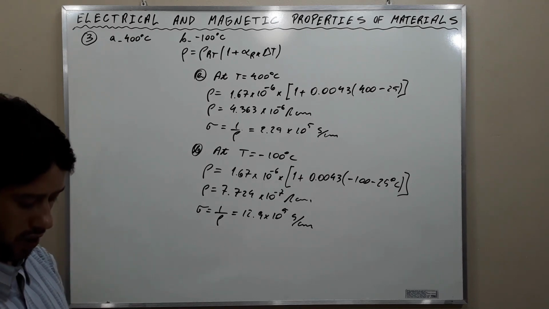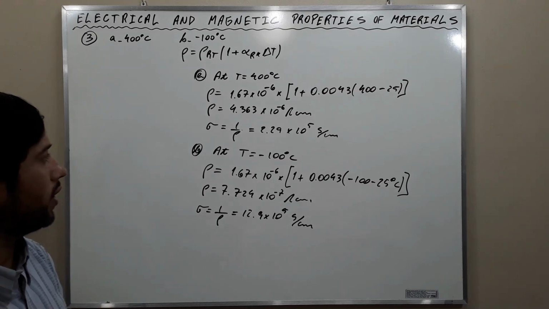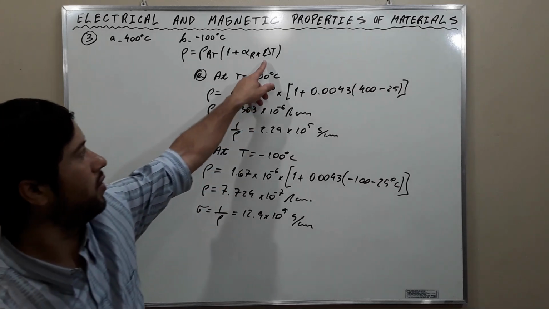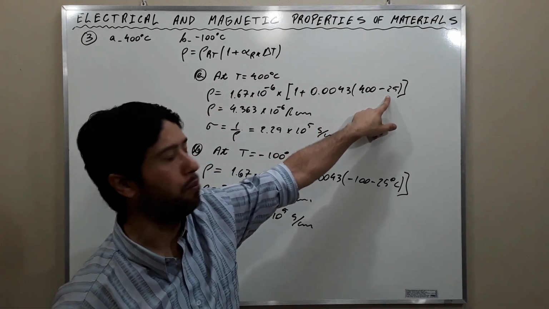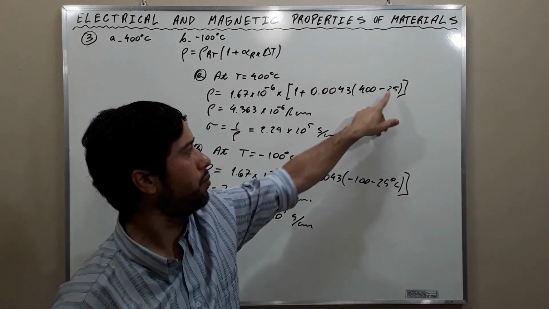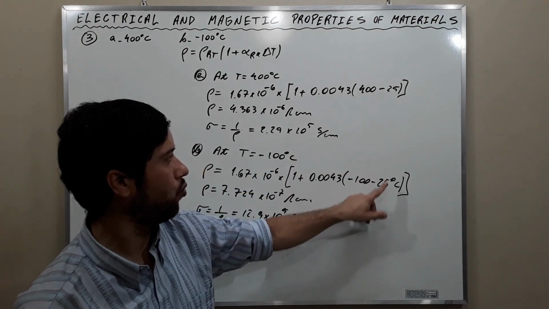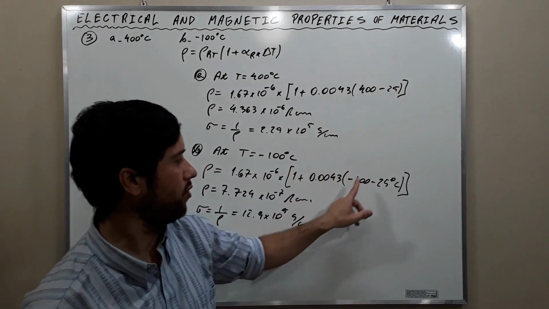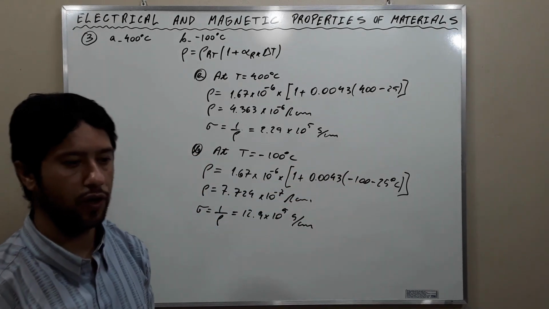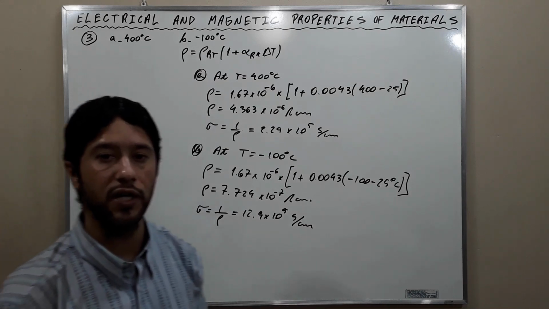In this case it was copper, pure copper, okay? And this is temperature dependent. We depart from one temperature and arrive at another temperature. Here it was 400 degrees, and here negative 100 degrees. Okay, this is all for exercise 3. Let's go to exercise 4.